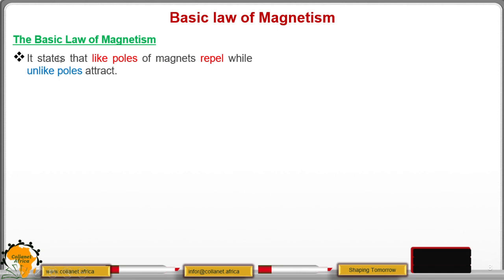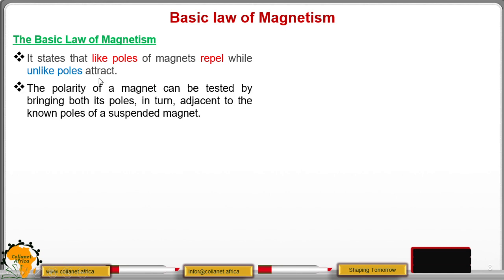Now that gives us what we call the basic law of magnetism, which states that like poles of a magnet repel, while unlike poles of a magnet attract. We have seen that north and north are repelling, south and south are repelling. Those are like poles. But when you talk of south and north, there is attraction. So those are unlike poles.